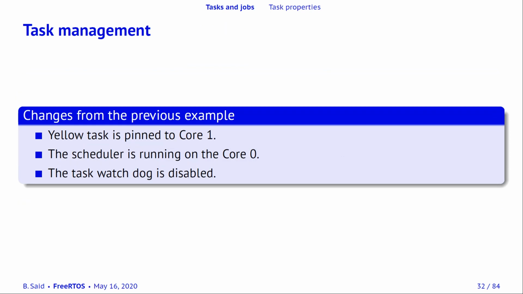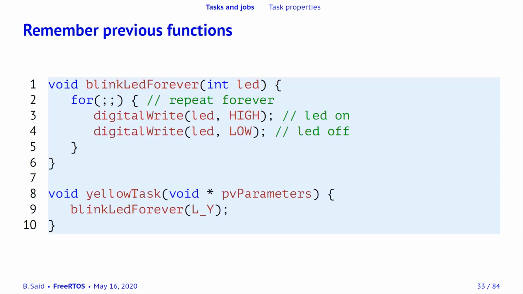Now imagine again the previous example, and we will pin the yellow task to CPU core number 1. The scheduler is running on CPU core number 0 and we will disable the watchdog. Here you can see the implementation of the previous functions to remember them.